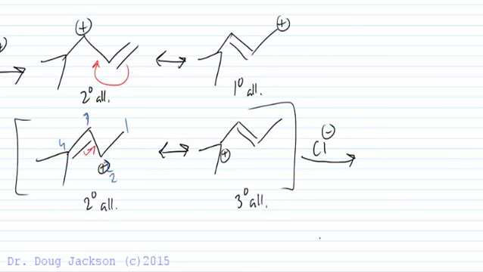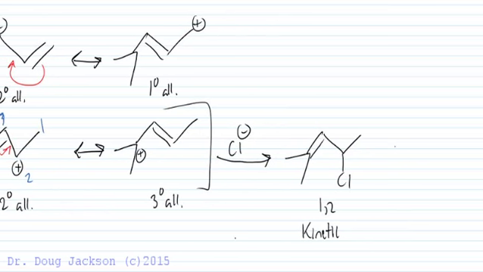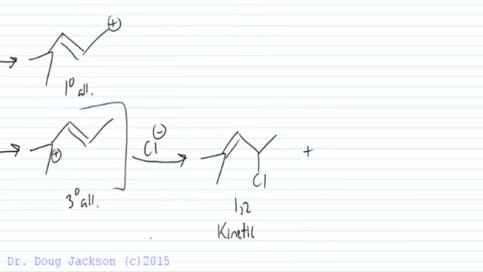So the 2 position is right here. So for the 1,2 product, we'll put a chlorine here. And this will be the kinetic product because it arises from the lowest energy intermediate. We didn't care about this for butadiene because there was no second possible cation to check.